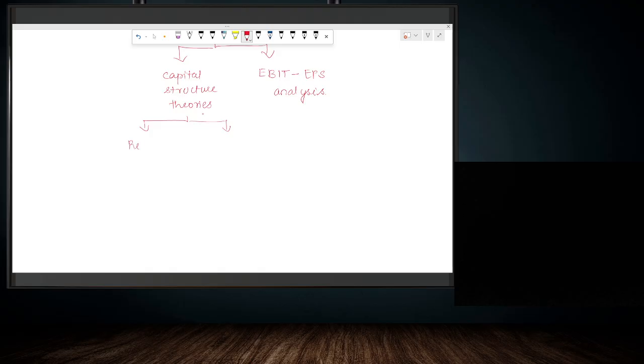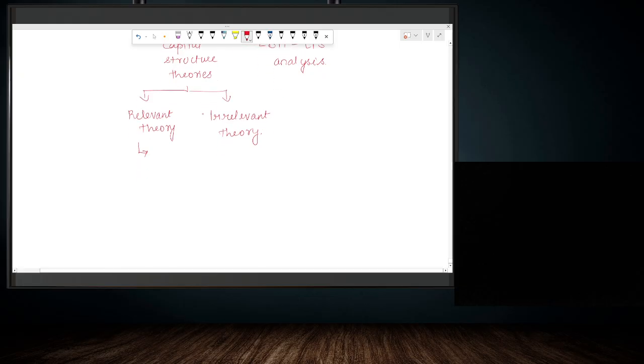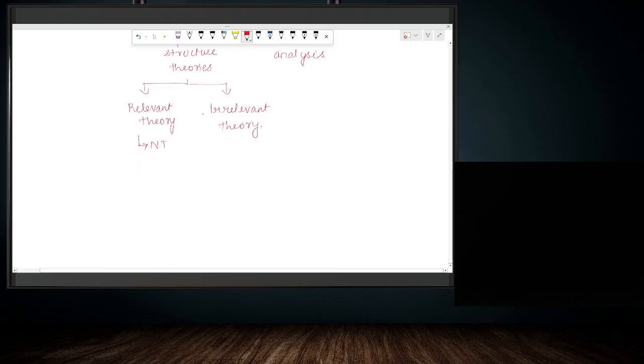So capital structure theory can be broadly classified into two types of theories. One is relevant theory and the other one is irrelevant theory. So in relevant theory we have the NI approach, which stands for net income approach.